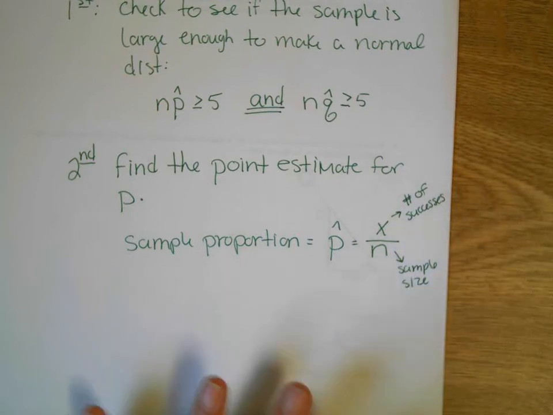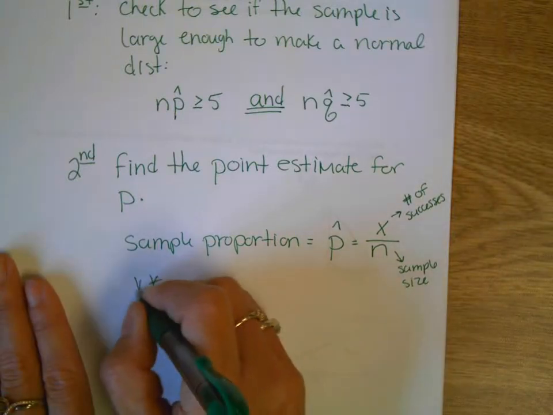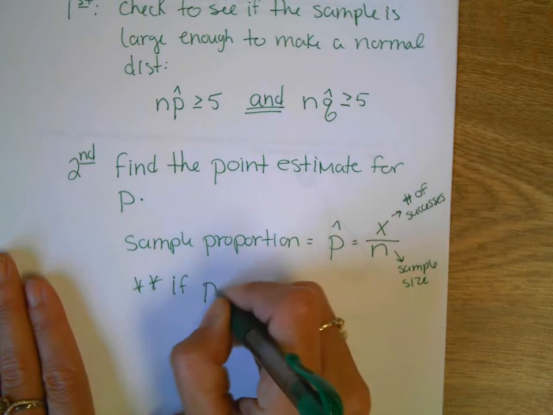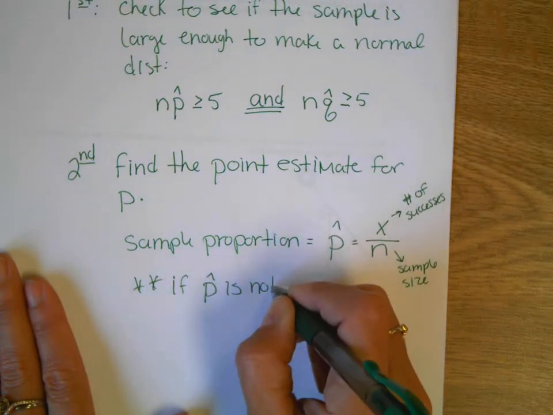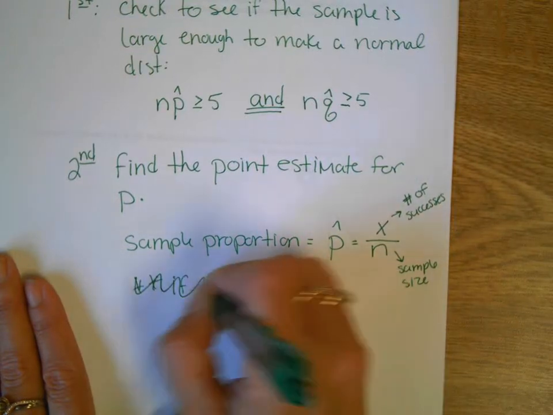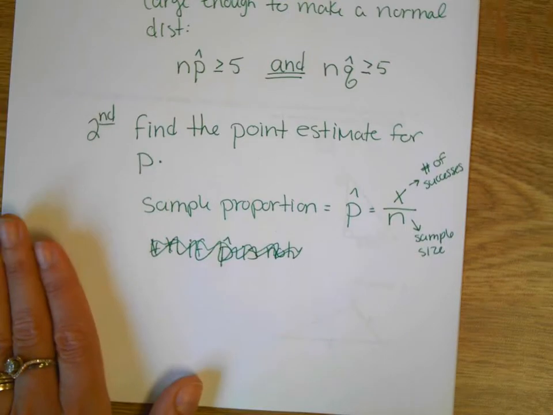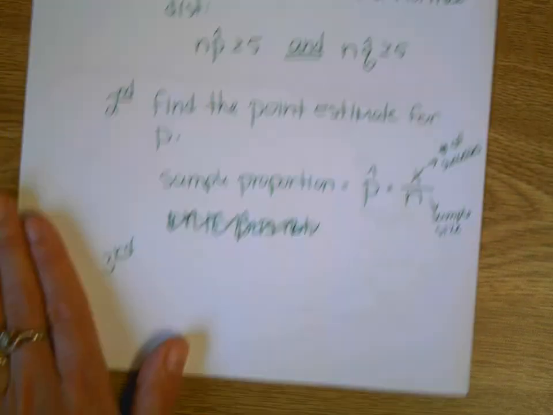Now, if p hat is not known, no, I'm not going to put that here. Change my mind and put it someplace else. Okay, then your third step is to calculate your max error.